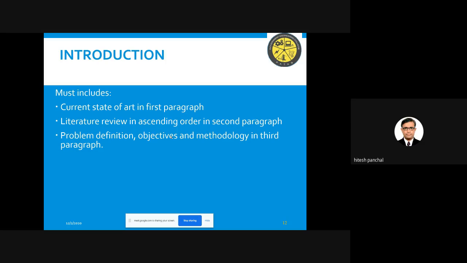That is why please understand very well, your problem definition must be derived from the literature review. Suppose in the literature review I have put papers on energy storage material. So I can say that from the above literature review, it has been found that energy storage material improves the output of the solar still.